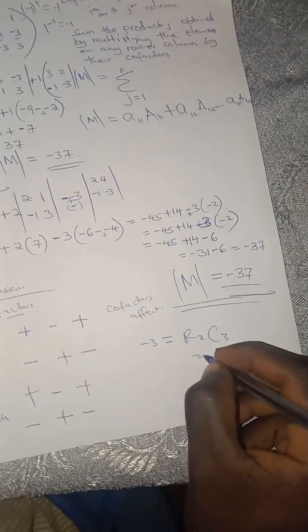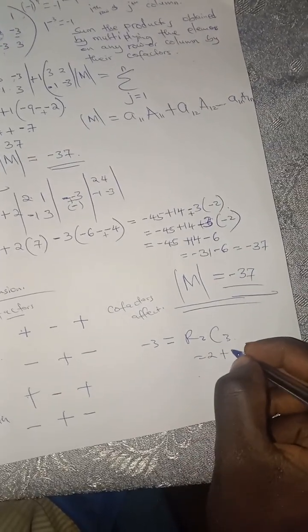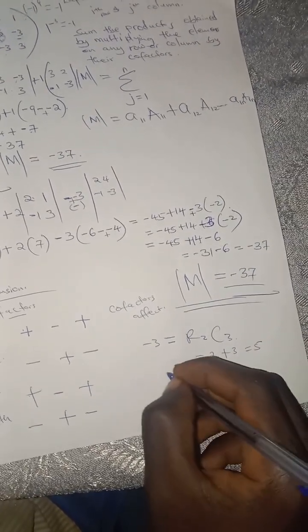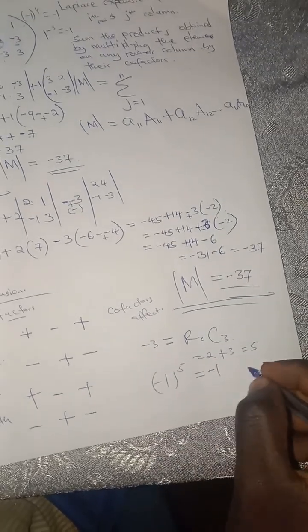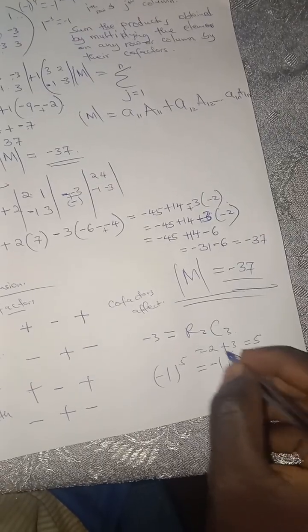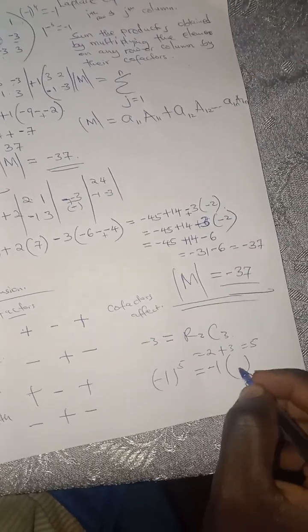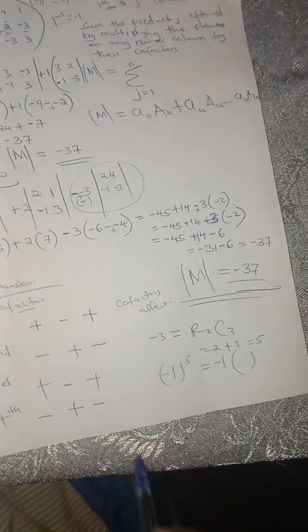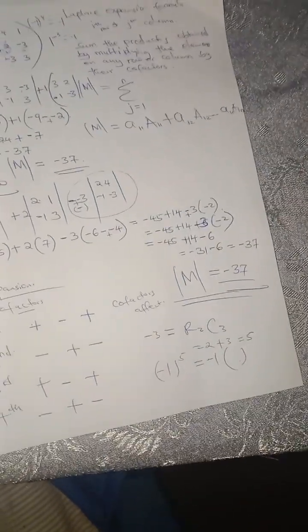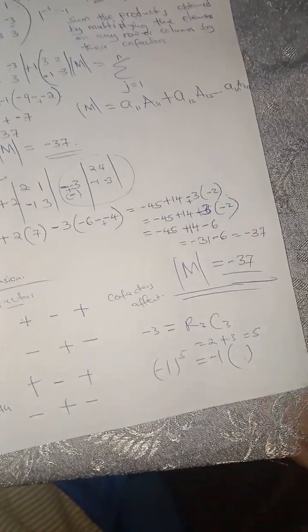So we add the row and column numbers, and we have 5. Negative 1 raised to the power 5 is negative 1. That's why we say that is the sign we'll be having at this point. Then this one has to be multiplied by a negative.